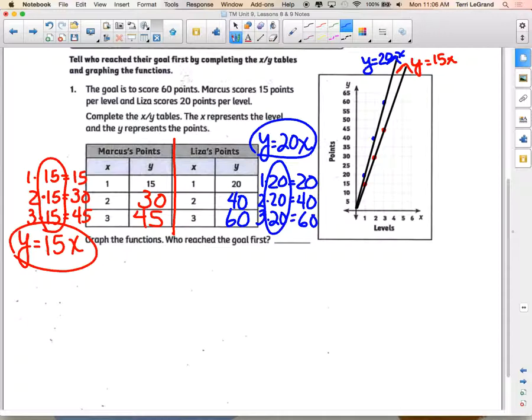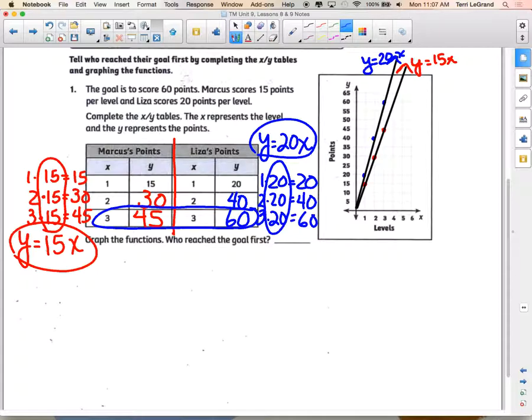Okay, so in other words, in the table, when they're both at level 3, Liza's reached it, but Marcus is still not there, right? So the table shows it. And how does the graph show it? How does the graph show that Liza got there first?